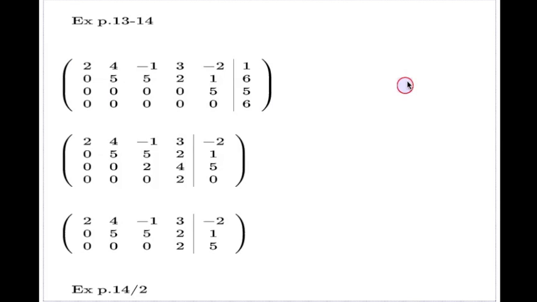No solutions, because it turns out that the pivot ended up on the right-hand side. What about this one? It is a unique solution because every column here is the leading one, because every column has a pivot. 4 pivots, 4 columns, every column leading, we have a unique solution.